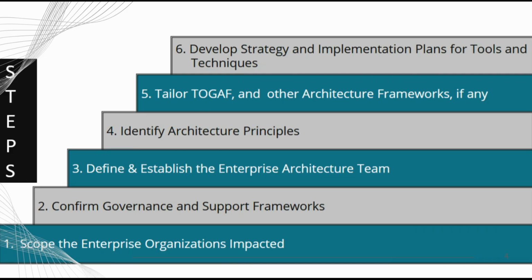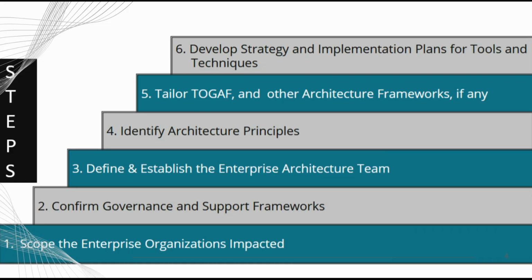The third step is define and establish the enterprise architecture team. You establish an EA team to ensure ownership of the architecture work is followed, and there are skill roles and responsibilities, and the people having the roles are playing the responsibilities, and clear accountability and decision making is happening.